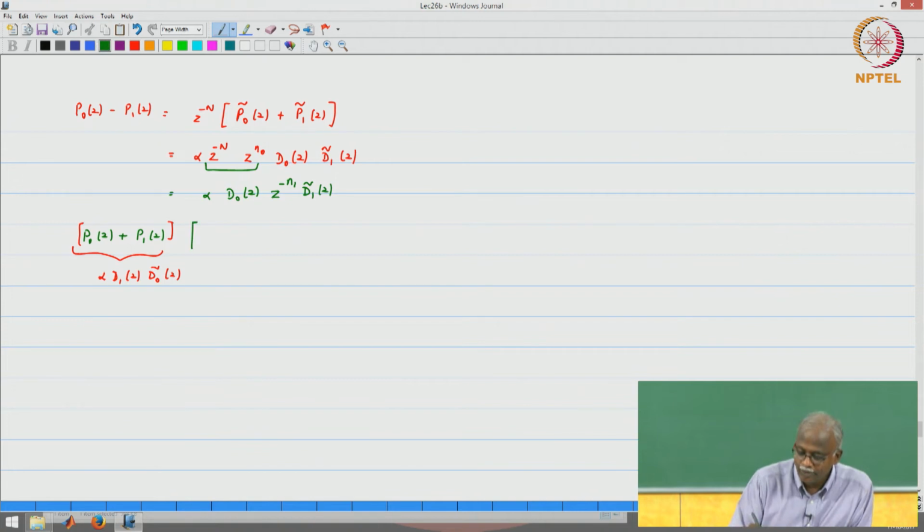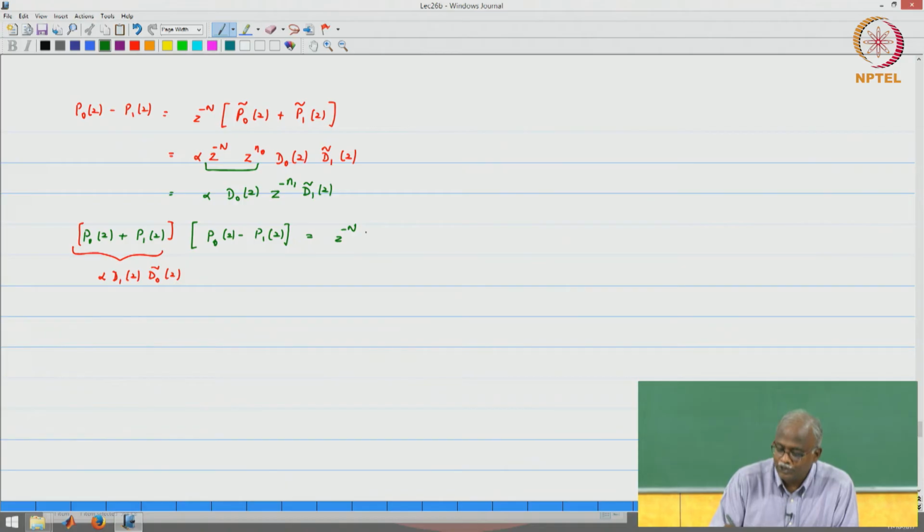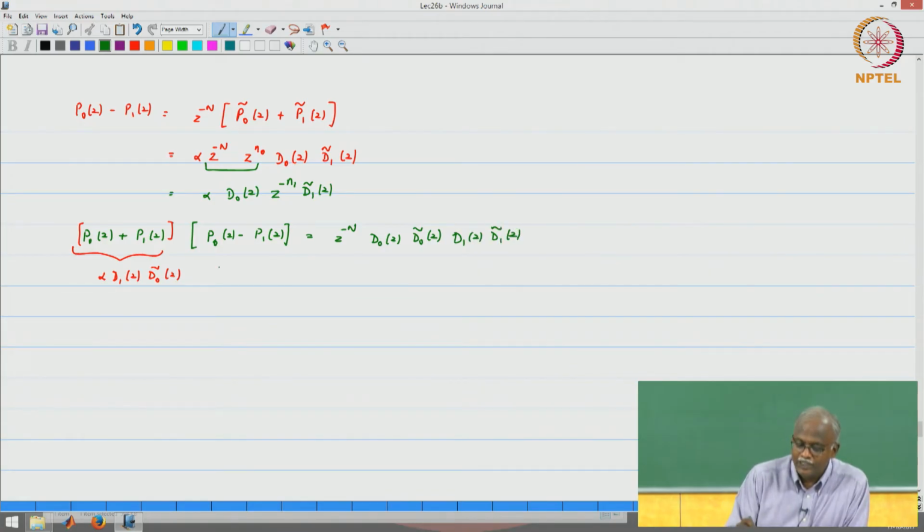Then the second term here is p naught of z minus p1 of z. This is equal to z power minus n d of z d tilde of z. So, which basically can be written in the following way: d naught of z d naught tilde of z, d1 of z d1 tilde of z, right. So, from this you get another expression for p naught of z minus p1 of z.